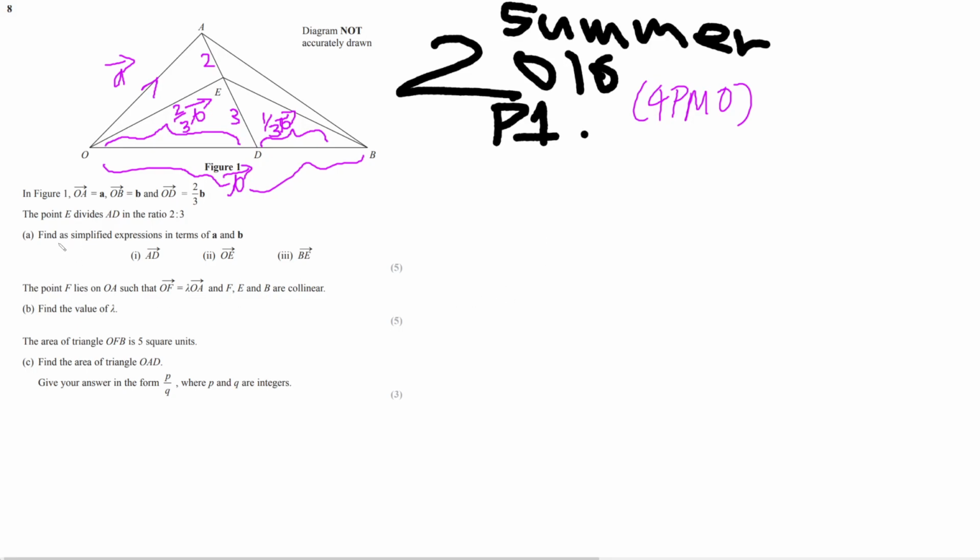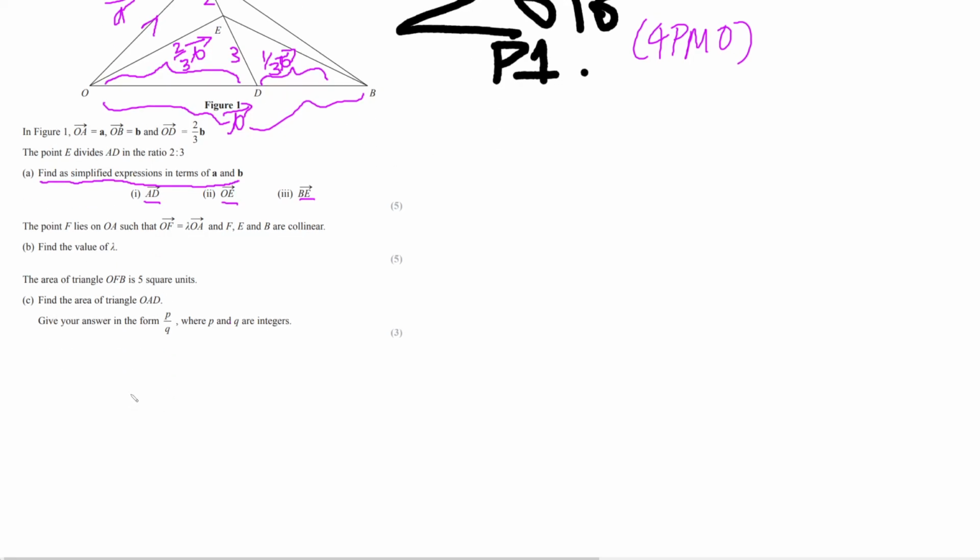It says, find as simplified expressions in terms of A and B, AD, OE, and BE. So let's begin with AD. We've already established that D is 2/3 of the way between O and B. So we can say that the position vector OD is 2 over 3B, as that's something given to us.